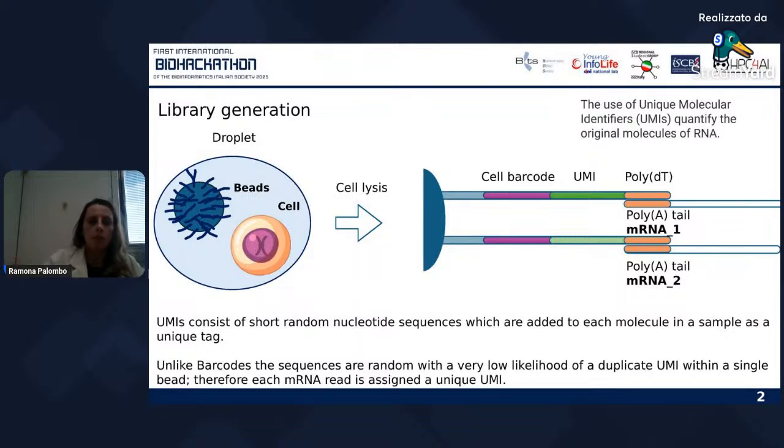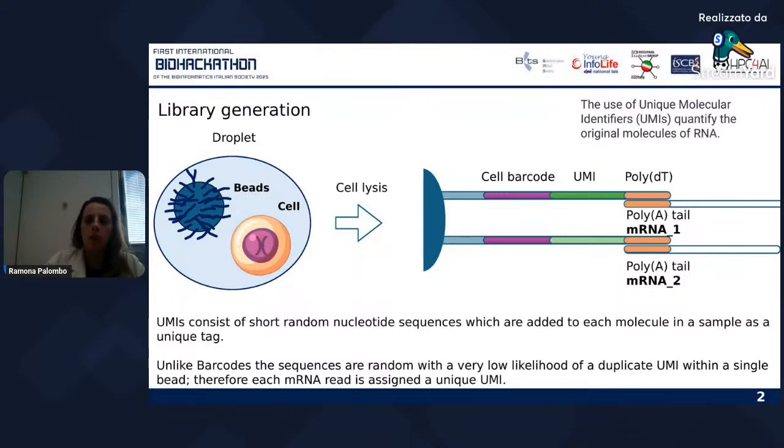So for the library generation, as I said before, we have one droplet, one cell and one bead inside the droplet. Upon cell lysis, the beads contain some branches, each branch containing the same cell barcode for the same bead, but a different UMI. These UMIs are unique molecular identifiers that quantify the original molecules of RNA.